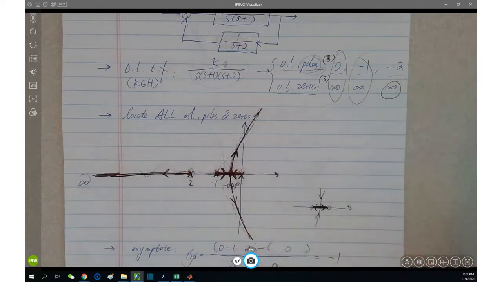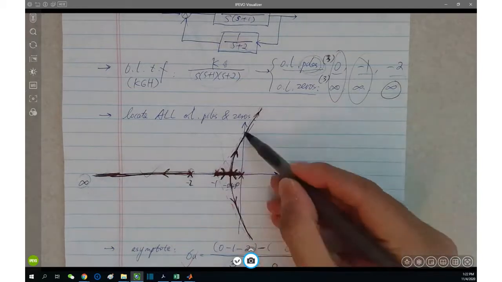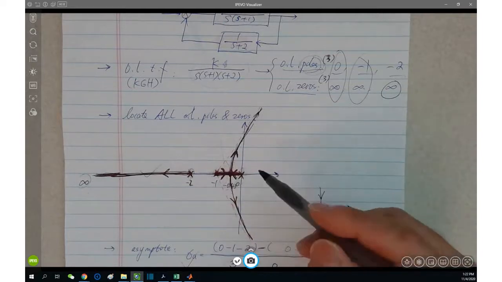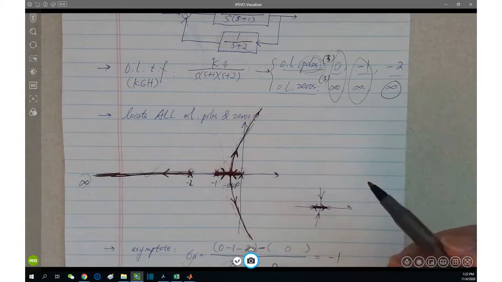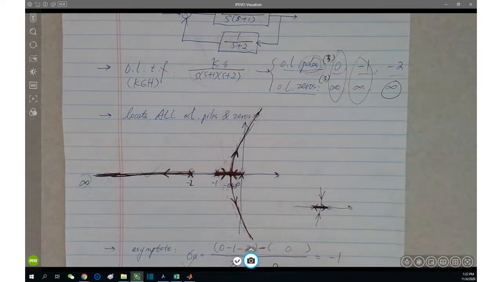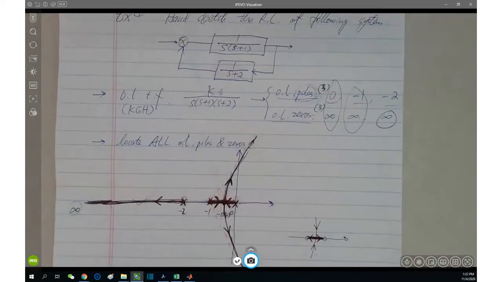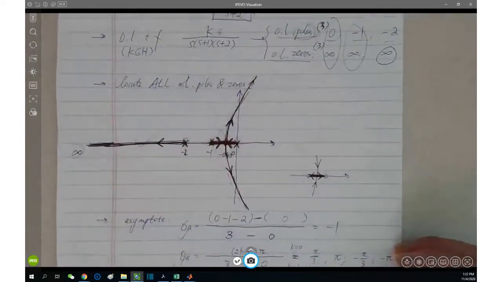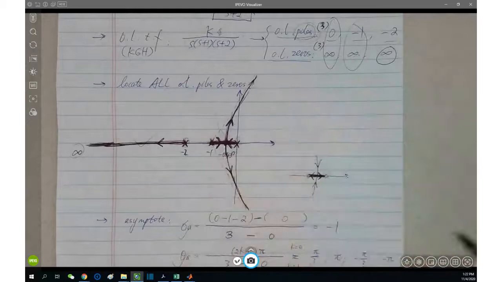The asymptote is in red, hopefully you can see it well too, because under the document camera it's probably not easy to differentiate color. Blue color is actually the axis. So this is the resulting root locus for this given system.